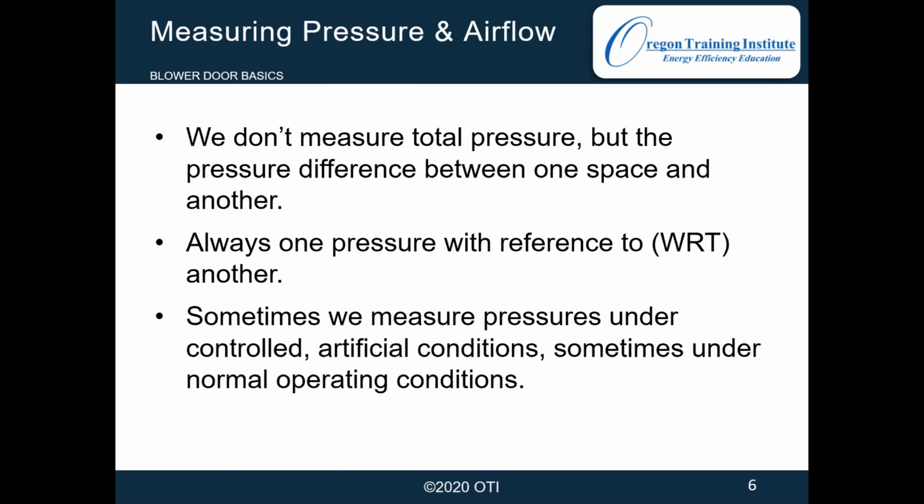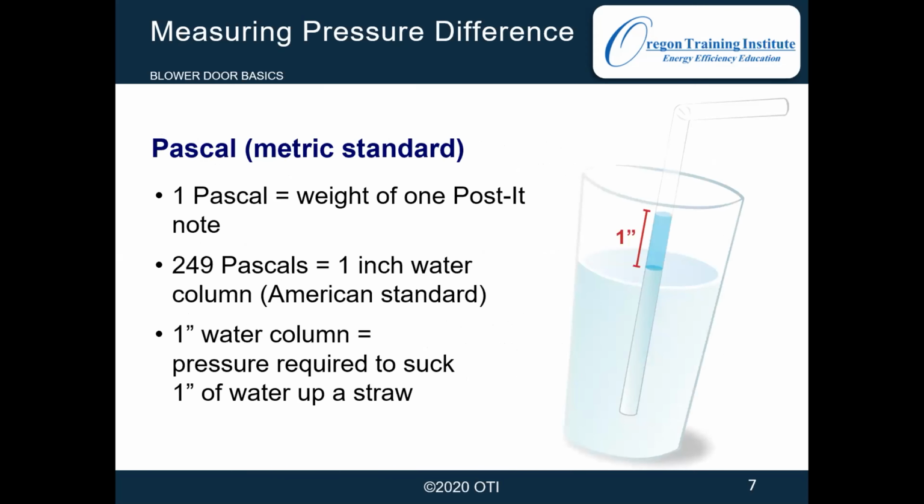But our unit of pressure is going to be the pascal. I'm sure you guys are very familiar with it at this point, but it's a really tiny unit of pressure. If we compare that to, say, PSI, it's going to take about 7,000 pascals to make 1 PSI.